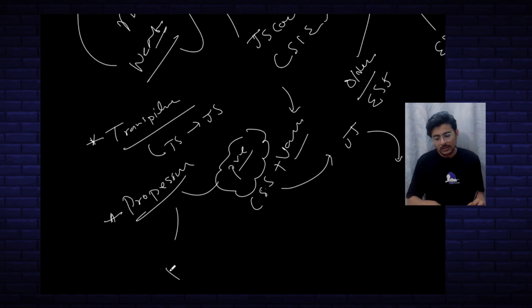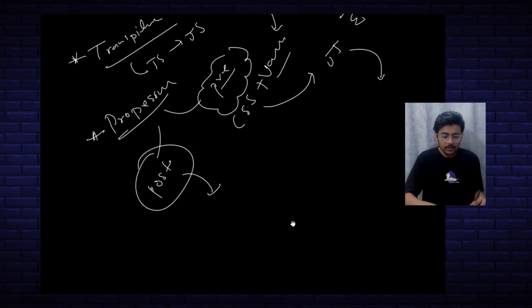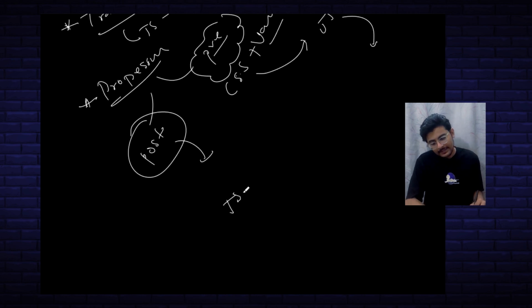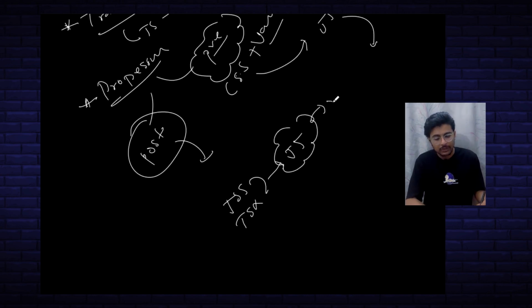And a postprocessor is exactly the opposite. In post, we add more things. For example, JSX or TSX is converted into JavaScript. Now if I want to make more optimizations to this code, I can use a postprocessor.